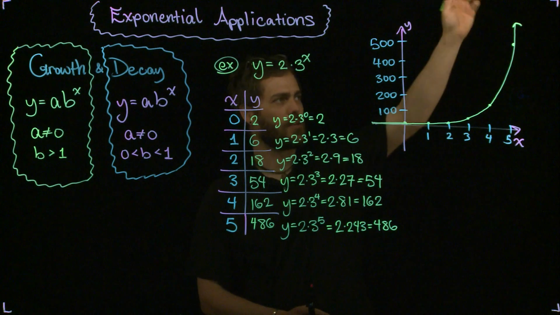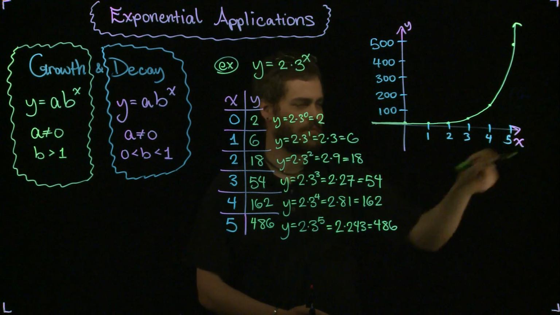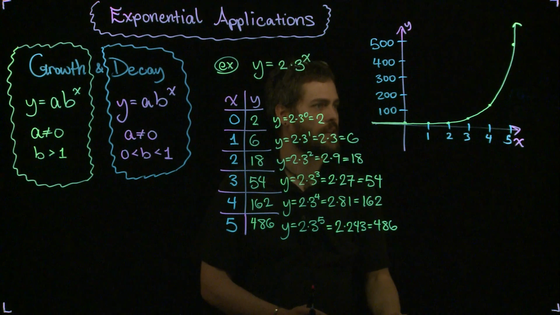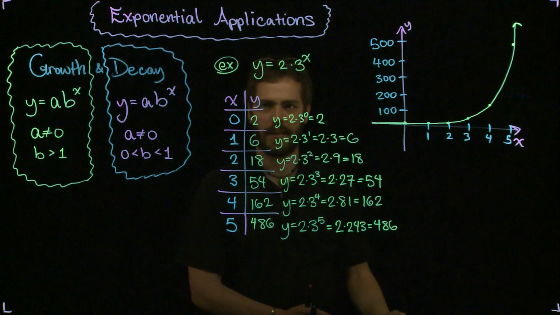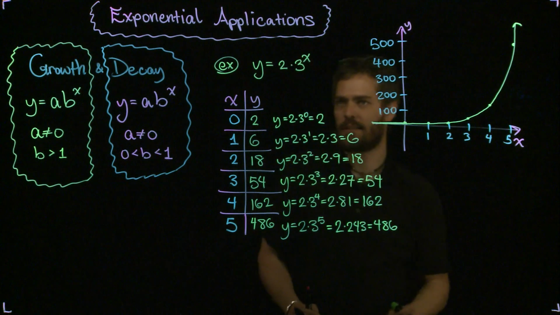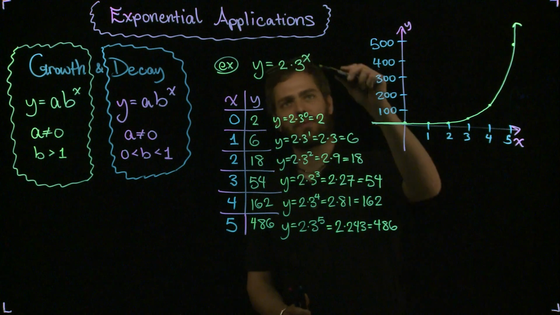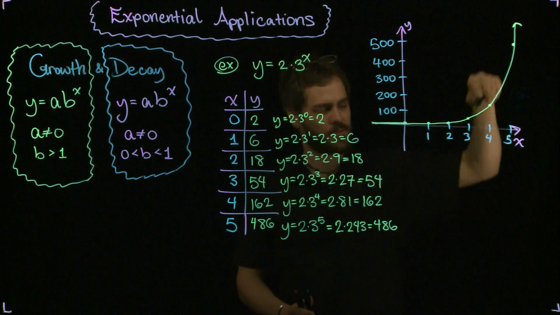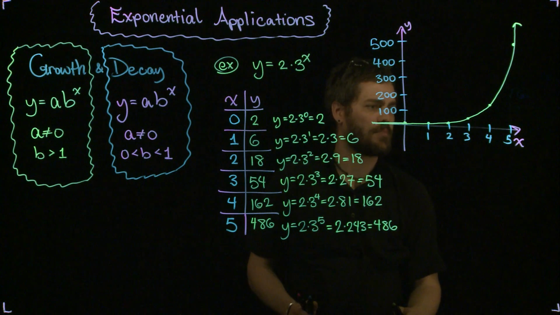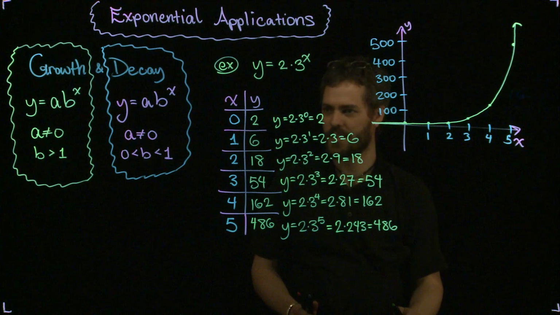And it just keeps getting greater as we go out to infinity that way, very fast. So here's a model of exponential growth. I had relatively small numbers in here, but as you can see, because we're multiplying by a power, this thing just really goes up. So, okay, there you go. There's a quick example of exponential growth.